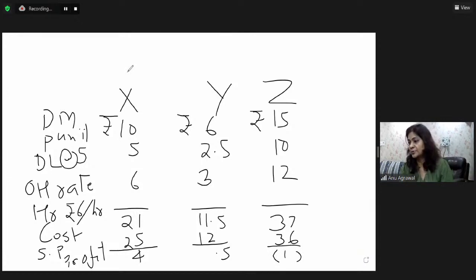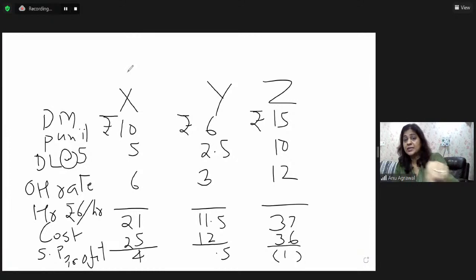Because as per overhead absorption rate, I took up all the overheads and just divided them by one thing, which was either machine hours or labor hours or prime cost, whatever. Like in our question, we took that all overhead should be divided on the basis of machine hours, which we can normally work out. Due to which we got our machine hour rate to be 6 per hour. And on that basis, I calculated the cost of each of my goods.